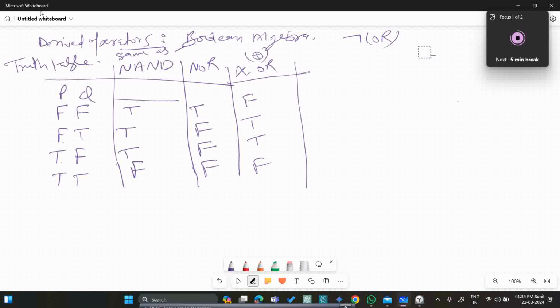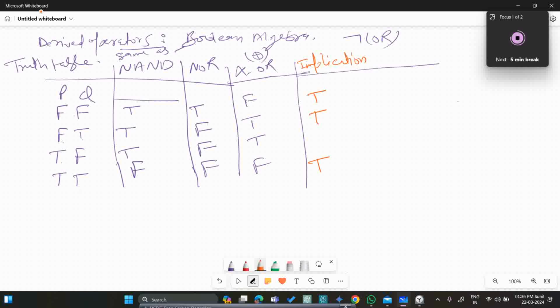This operator is important here: implication. False implies false is true always. False implies true is also true, and true implies true is also true.